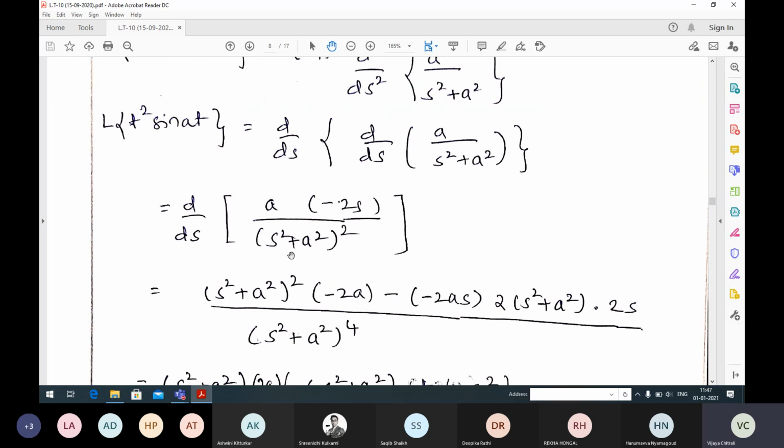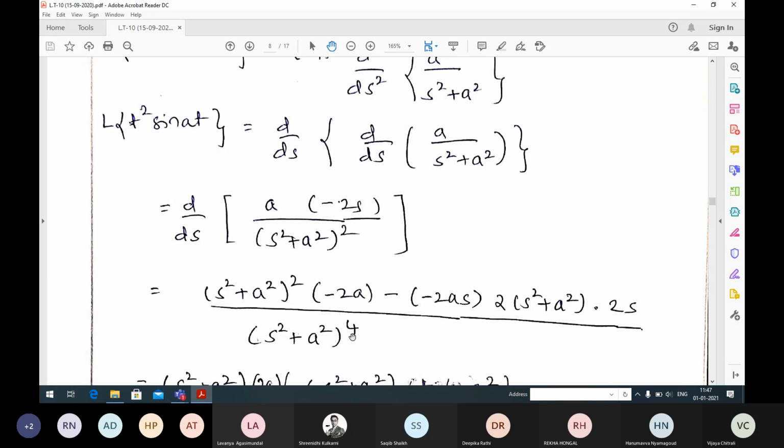Now we need d by ds of minus 2as divided by s square plus a square raised to 2. In the numerator we have an s term, and in the denominator we also have an s term, so apply the u by v rule. The denominator raised to 2 gives s square plus a square raised to 4.